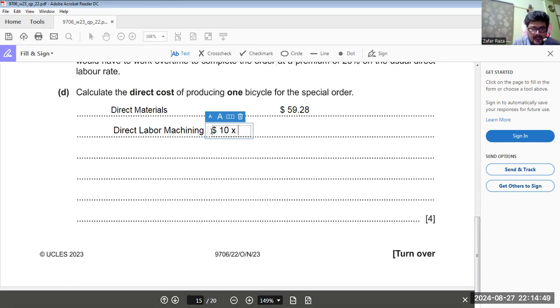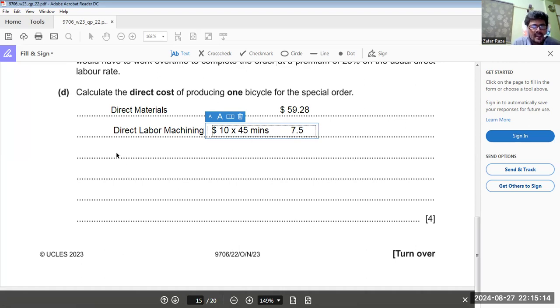$10 multiplied by 45 minutes. 45 minutes means 75%. Multiply by 10. So that would be $7.5. $7.5.